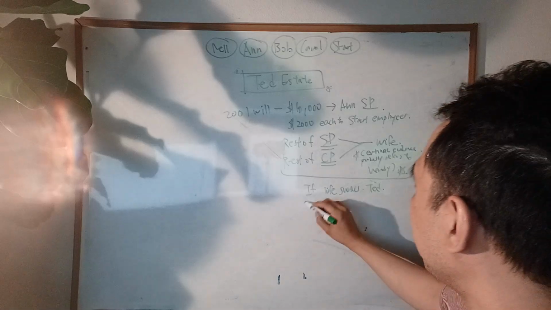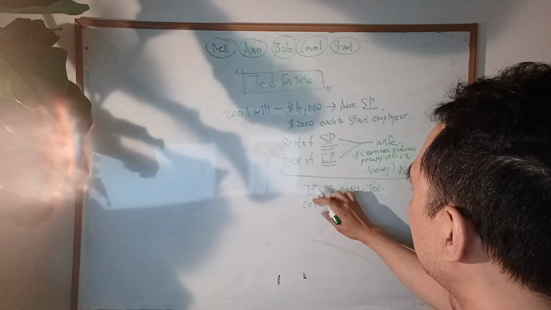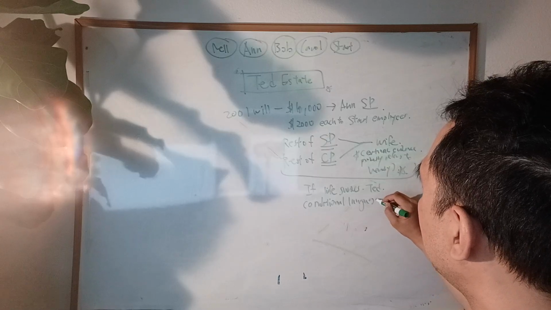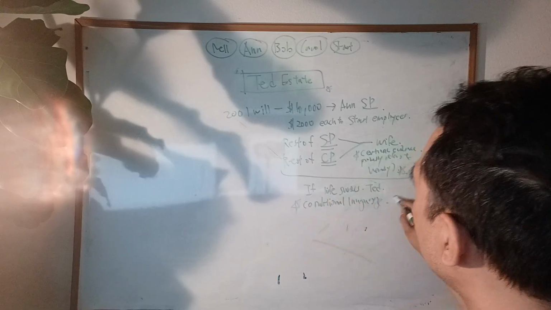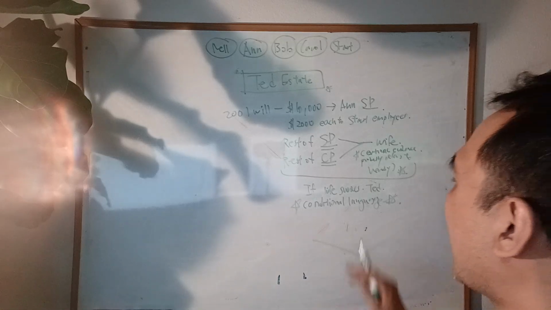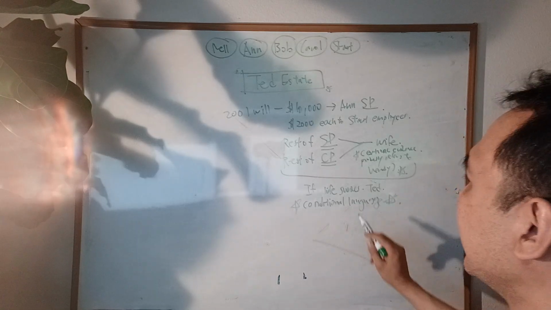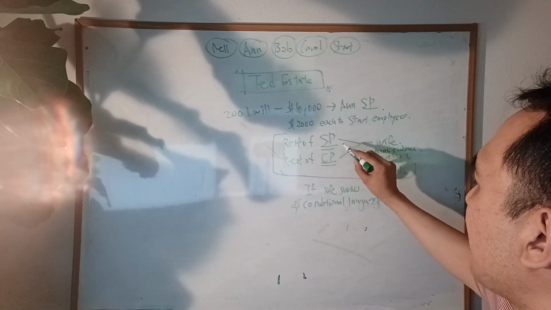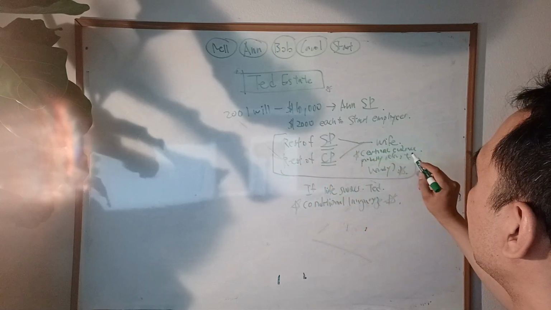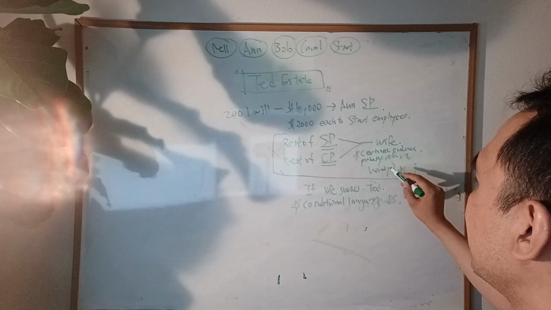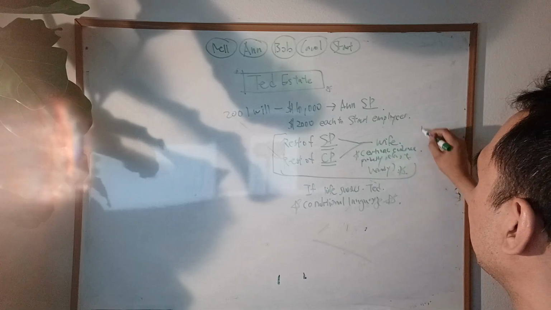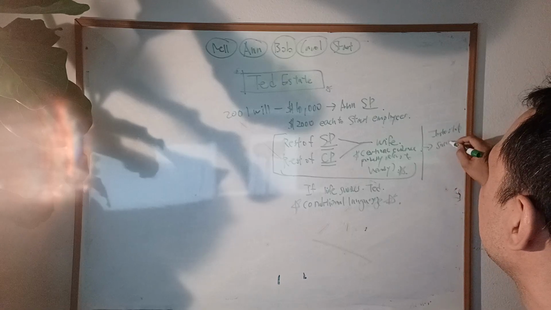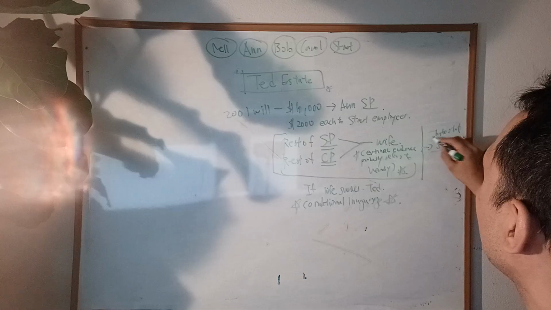So this is conditional language, which means that if the wife dies before Ted, this will on rest of separate property and rest of CP will not go to the wife, but instead will probably go to intestate succession, right?